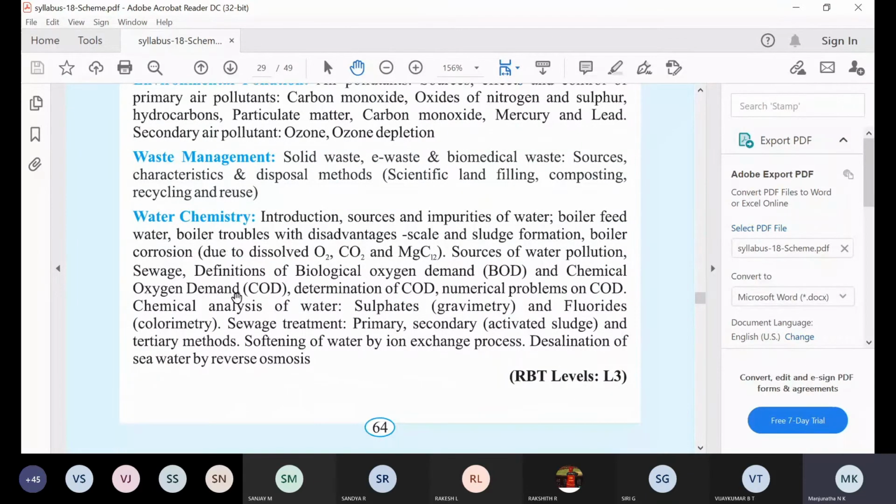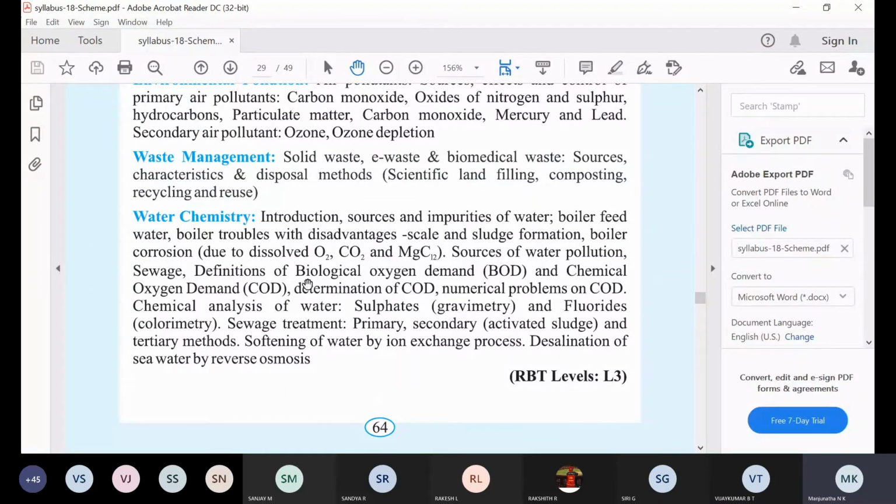After this, we are going to study sewage treatment and determination of the pollution level of a wastewater sample. There are two methods used to determine the pollution level of a wastewater sample. One is COD and another is BOD, meaning chemical oxygen demand and biological oxygen demand.